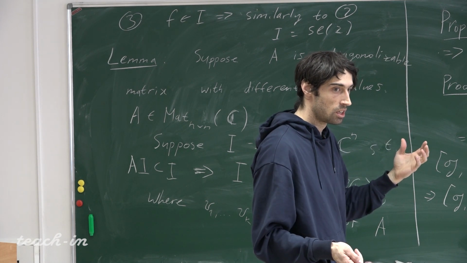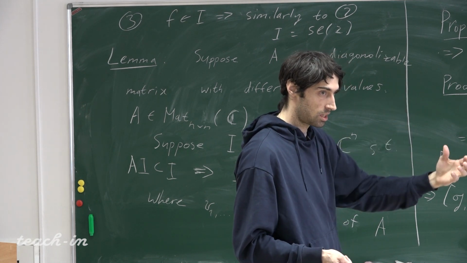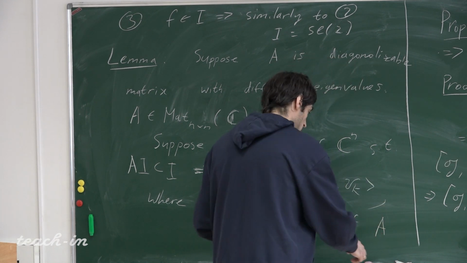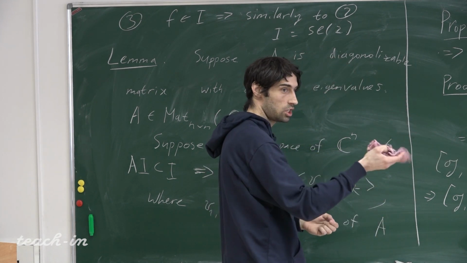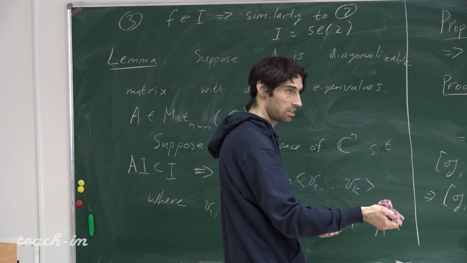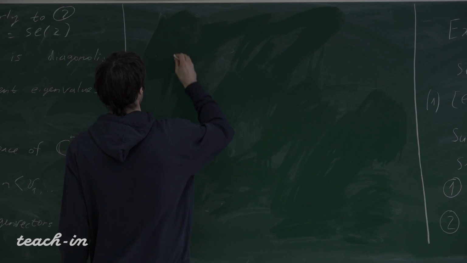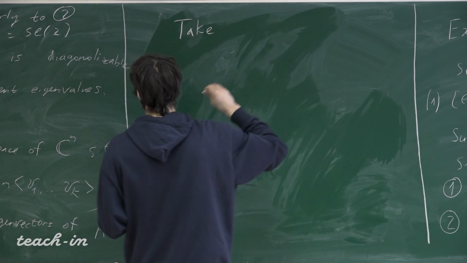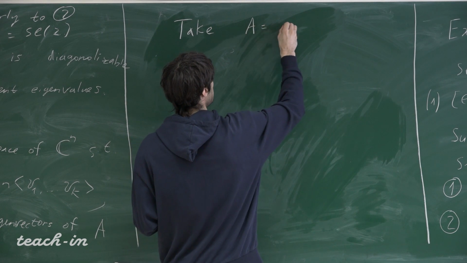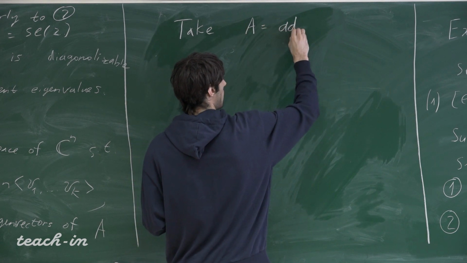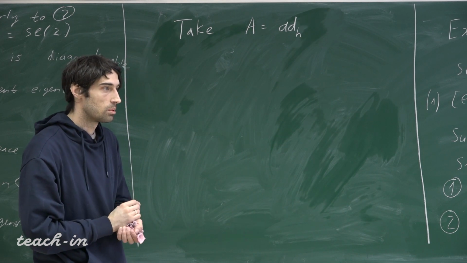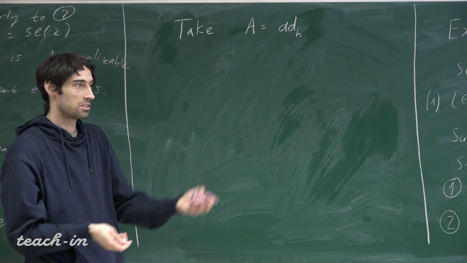So H acts on SL2. In the basis E, F, H, it is diagonalizable with different eigenvalues. So in this lemma, take A to be ad H. Well, it's not a matrix, it's a linear transformation.